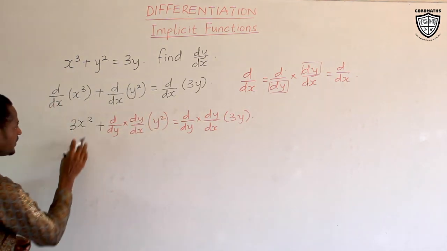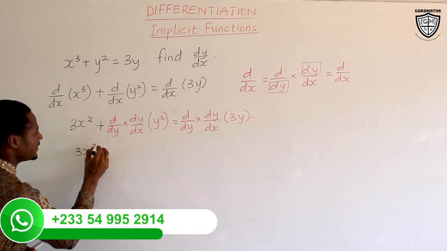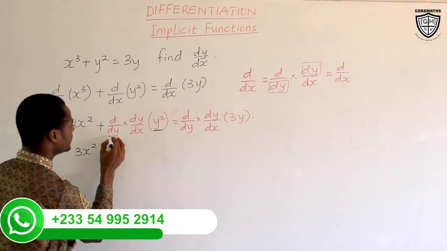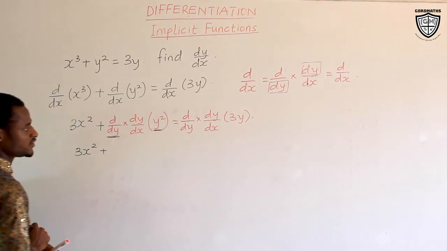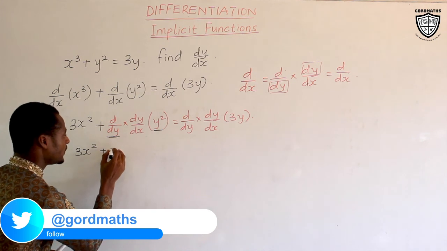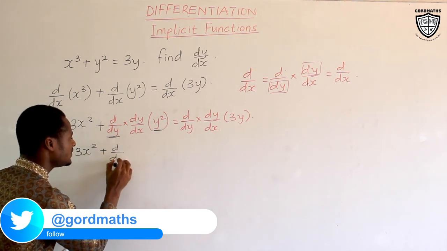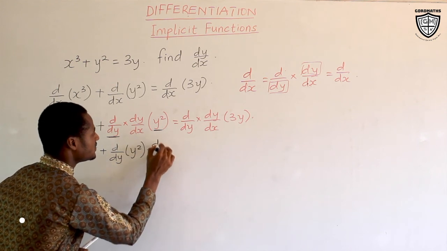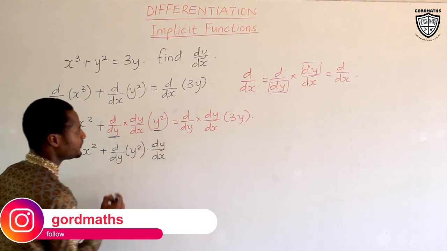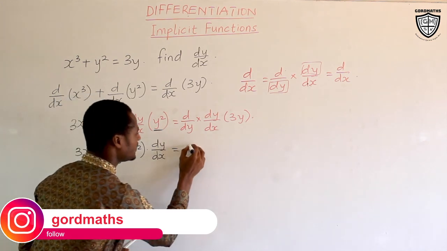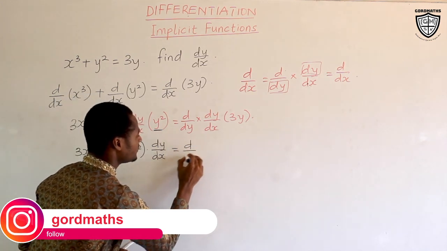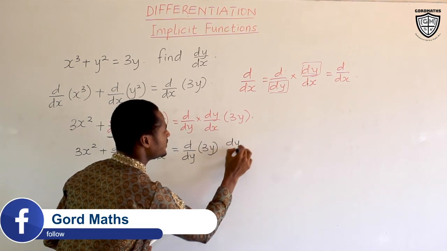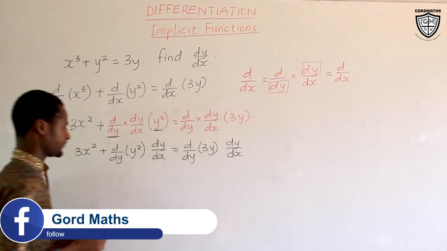Then we have 3x squared plus, here, since this is in terms of y, we can find d dy of the function, which means that we will now be left with d dy of y squared times dy dx, and that is equal to d dy of 3y times dy dx.